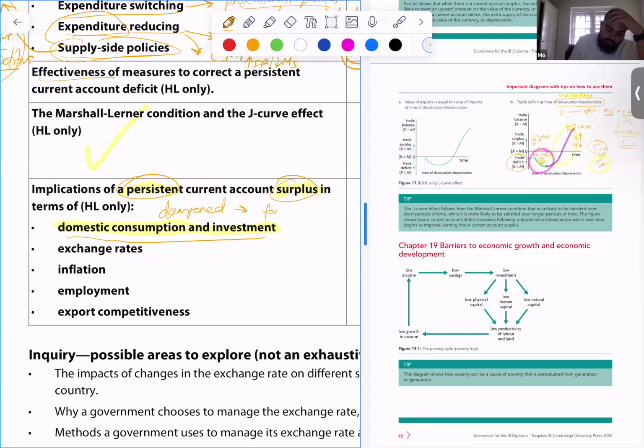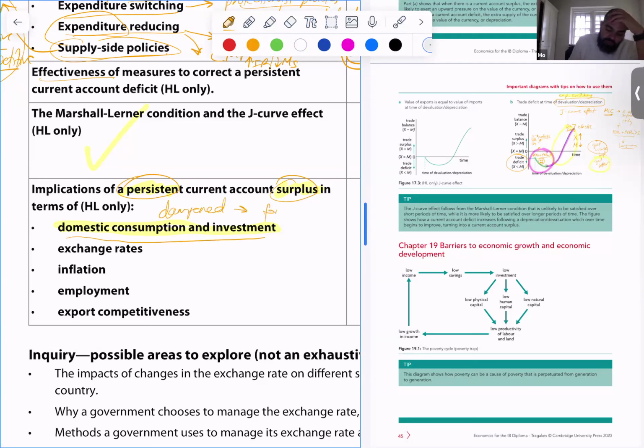So that can be a problem. We saw here that an appreciation will lead to a decrease in AD, which leads to less domestic consumption and investment. And an appreciation could also lead to an increase in SRAS if you're import reliant. Now, a decrease in AD will slow down inflation.